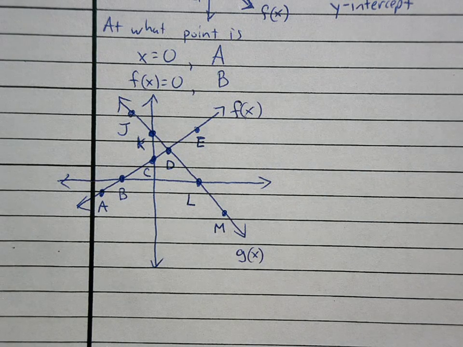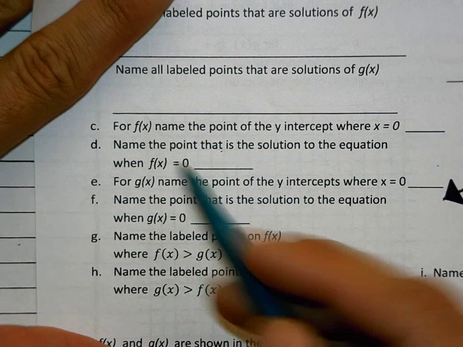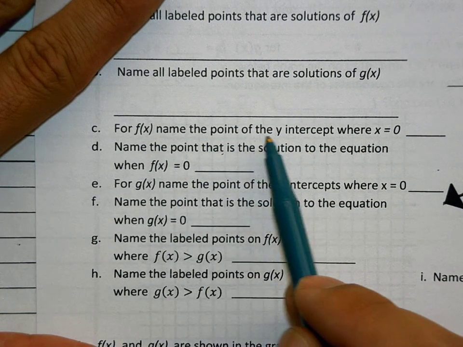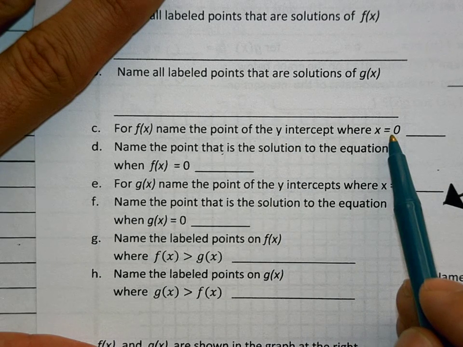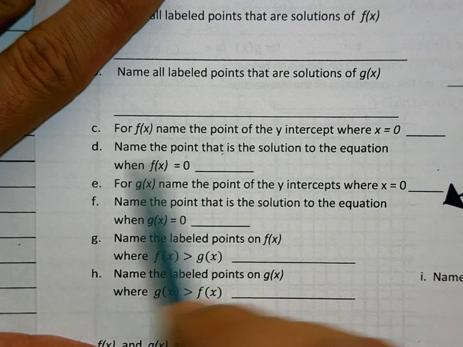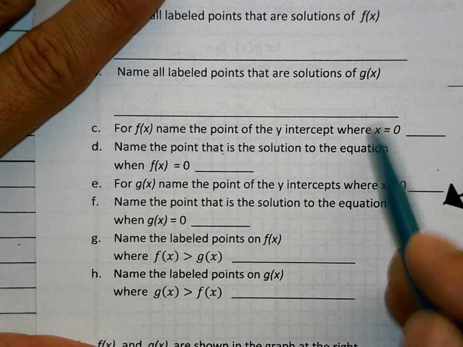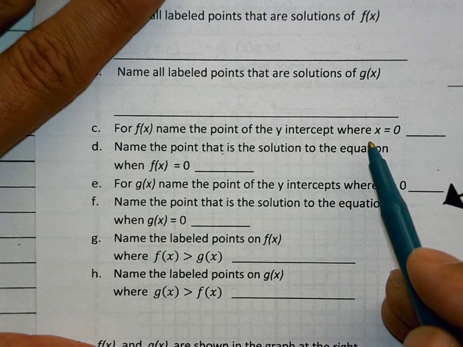So, they are going to ask you questions very similar to what I said. And some of the words are going to be really, really complicated. Let me see how they word some things. For function, name the point of the y-intercept where x equals 0. Okay? So sometimes they're going to have a lot of extra words, and I'm just going to put down this stuff for you so you can focus in on x equals 0.